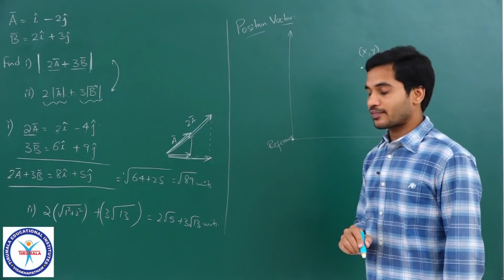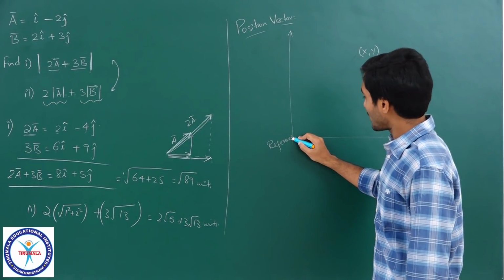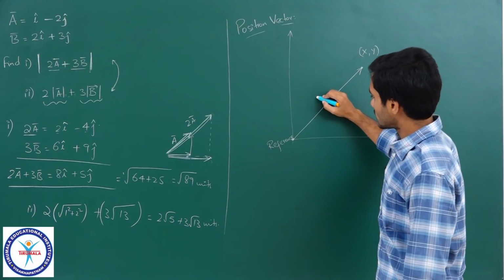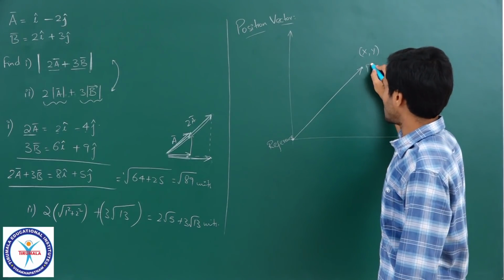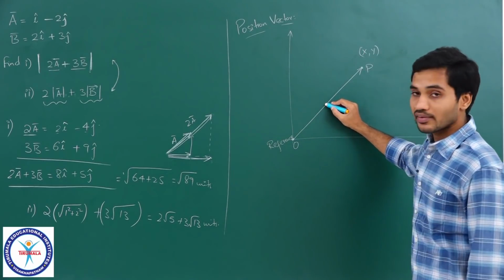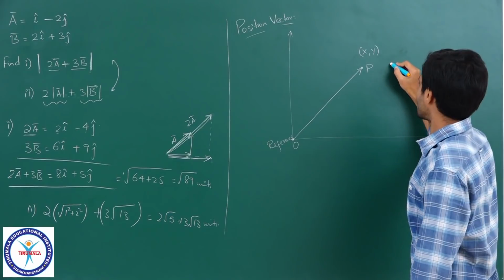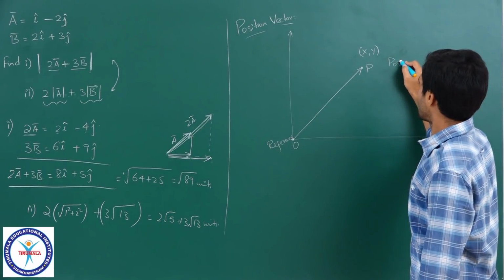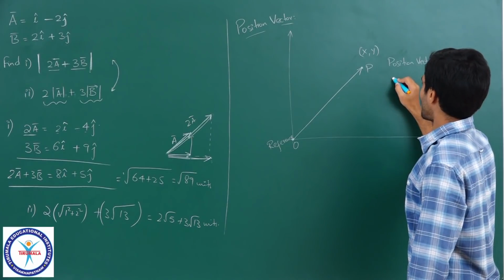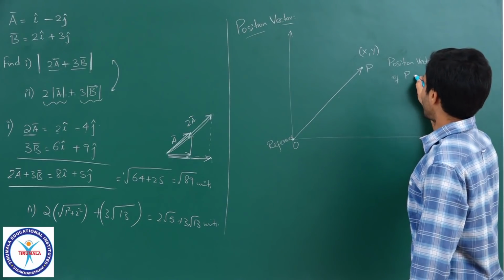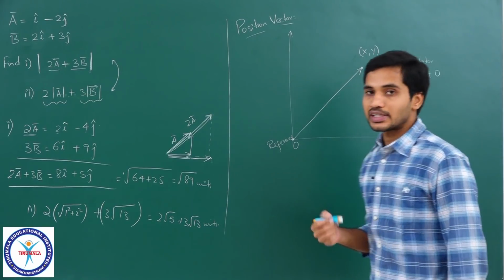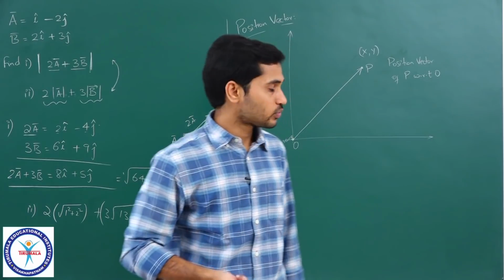Clear? So, this is my reference. So, if I draw a line from my reference point to this position, so this vector, let us call this point as P and this point as O. So, this vector which I have here, this is called position vector of P with respect to O. Clear? So, that is what it means, that is how we define it.